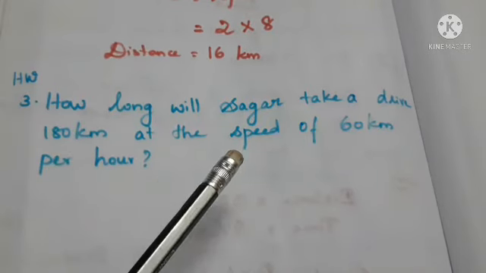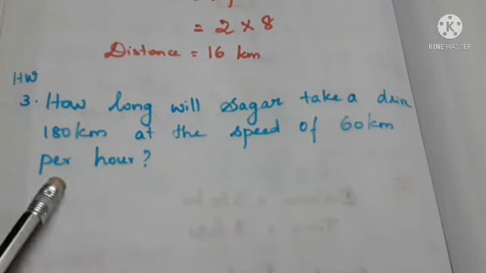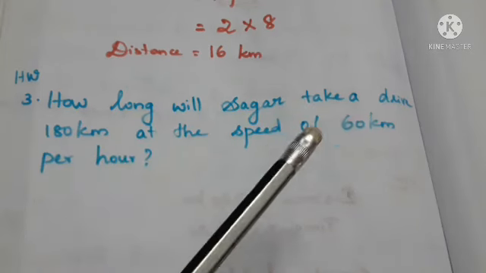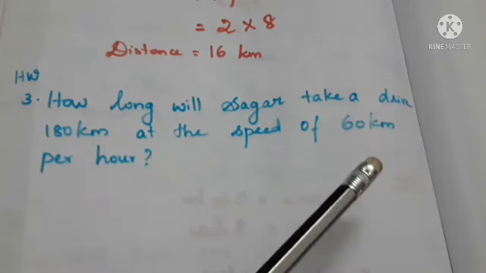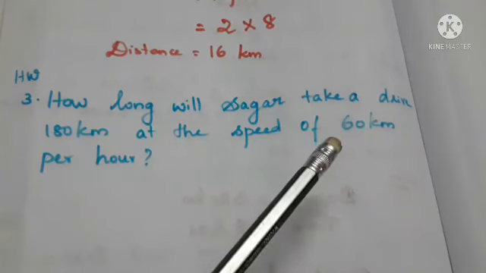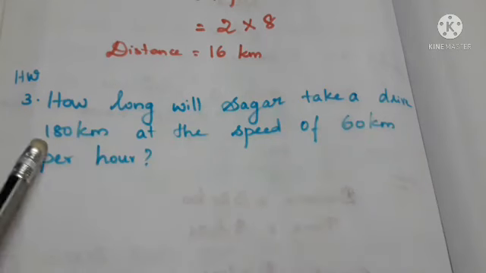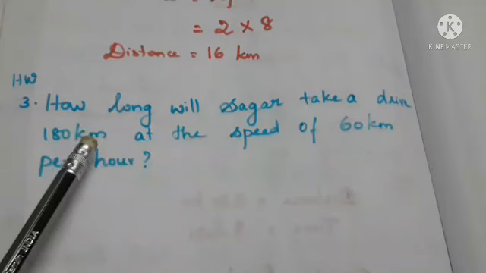The speed is 60 kilometer per hour, which means in 1 hour he will cover 60 kilometers. We want to find out within how many hours he will cover 180 kilometers of distance.